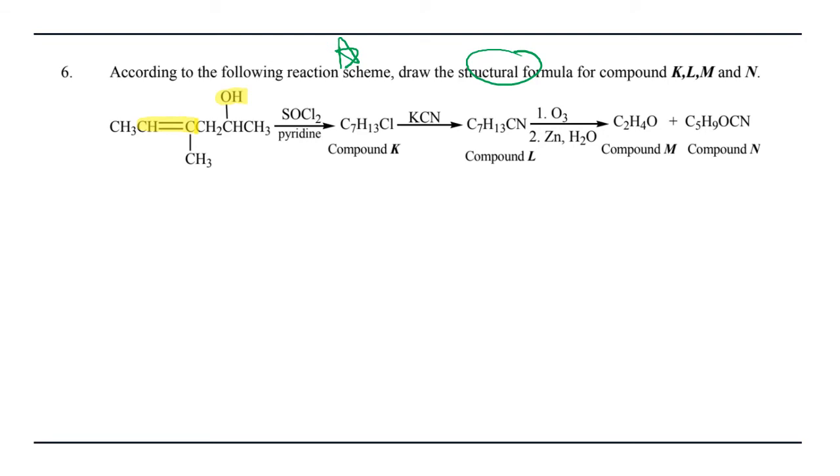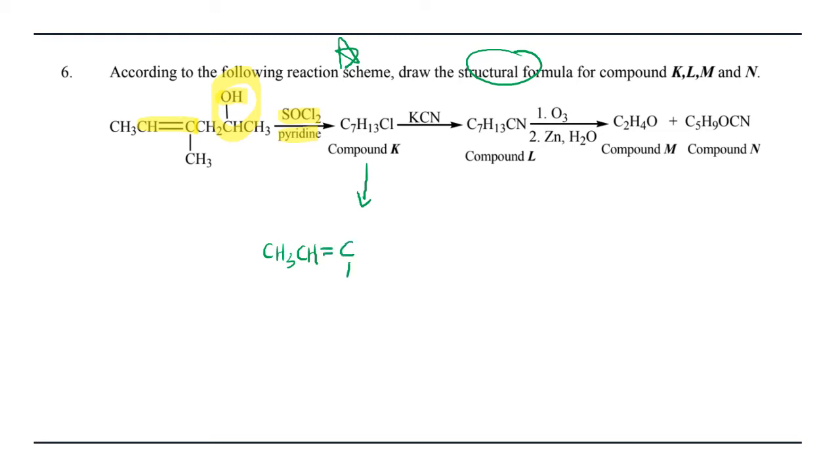When it meets SOCl2 in pyridine, the hydroxyl group will react with the SOCl2. Hence, the structure for compound K is CH3CH. Since the double bond won't react with the SOCl2, the double bond will remain.